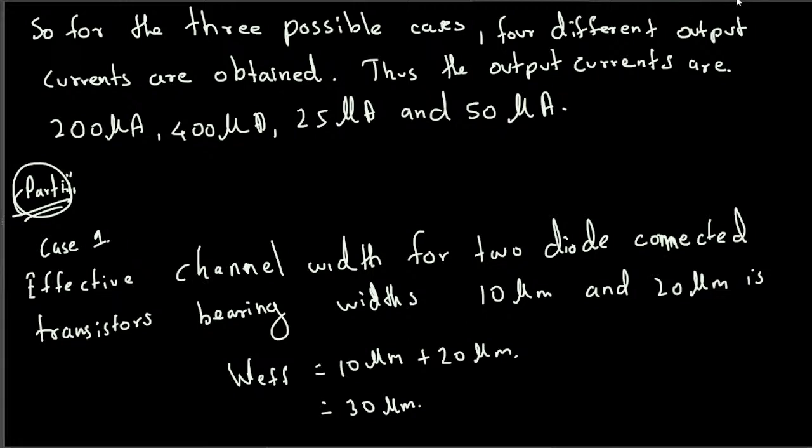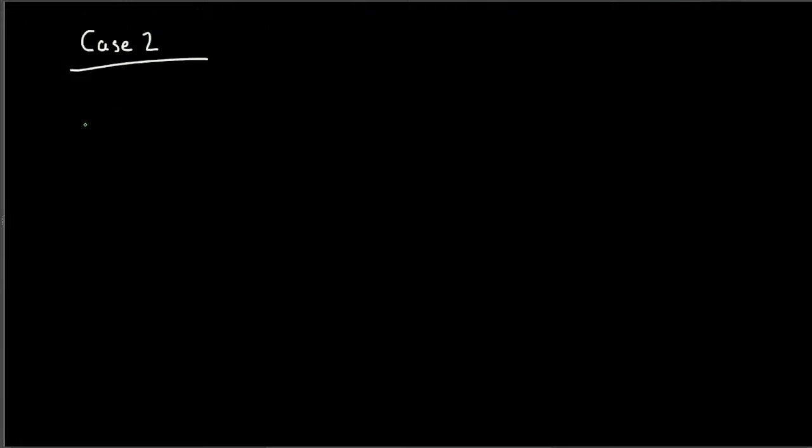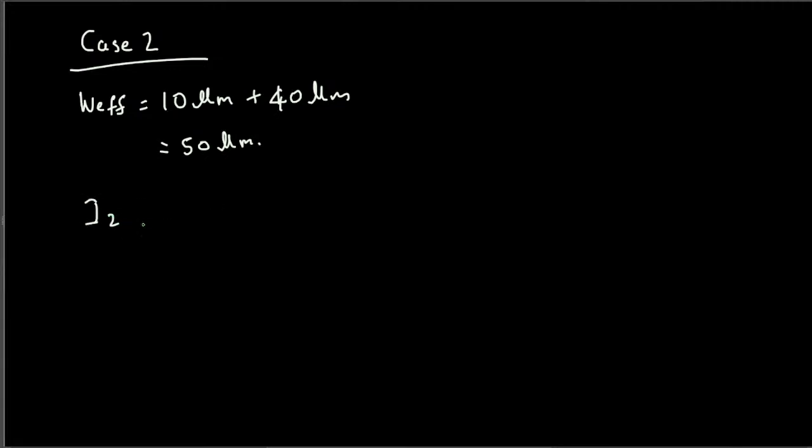If we take W efficient to be 10 micrometer and 40 micrometer, then W efficient is 50 micrometer. Then we have to use I2 as the current right now. So I2 is the current. We have to find out the output.